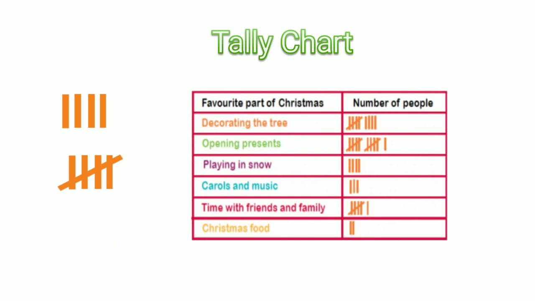Here in the box you can see a tally chart. This is a finished tally chart, so you can easily understand the data from it. You can see how a finished tally chart looks.